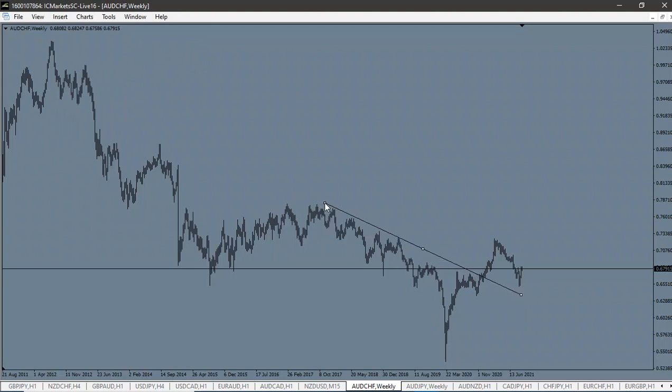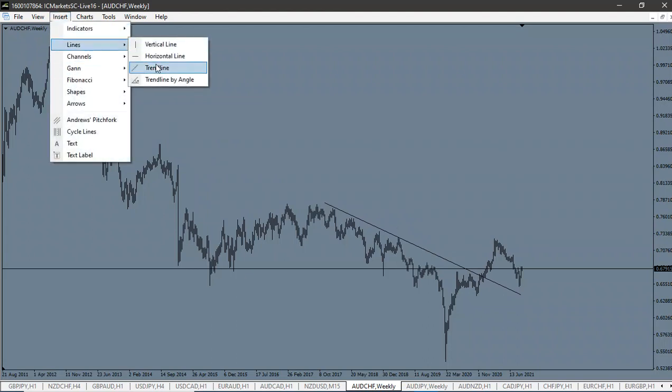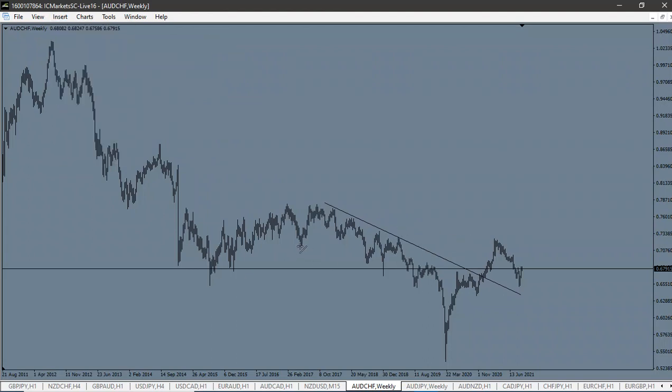We see a bearish channel right here, which is the support and its resistance trend line. Support and resistance trend line, because every time it comes here it goes back down, and every time it comes here it goes back up.